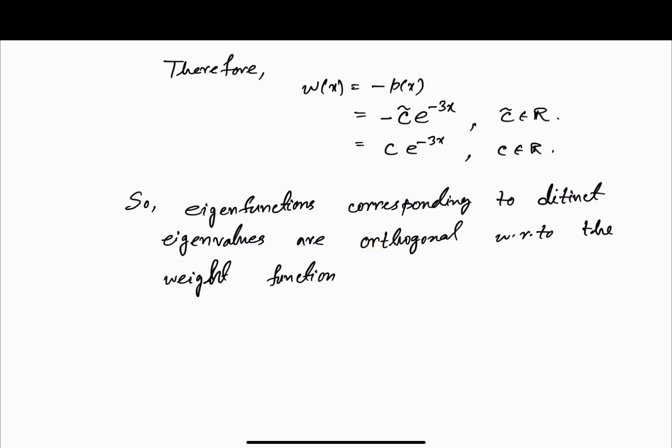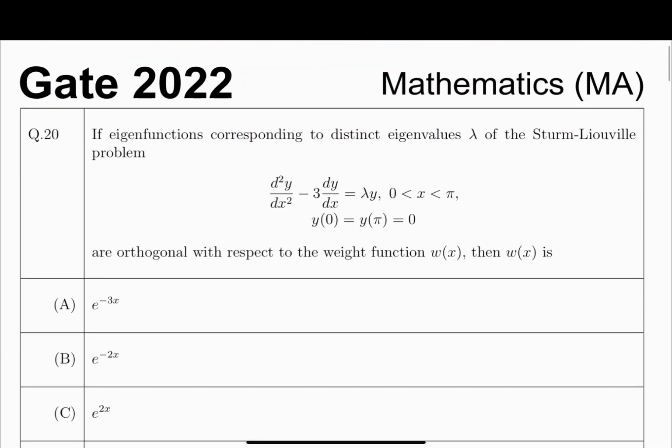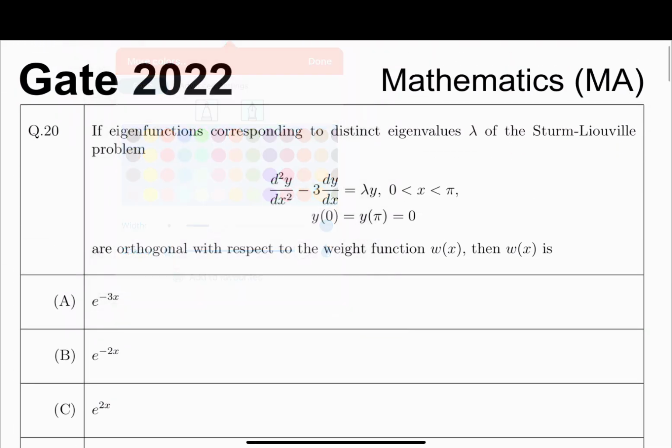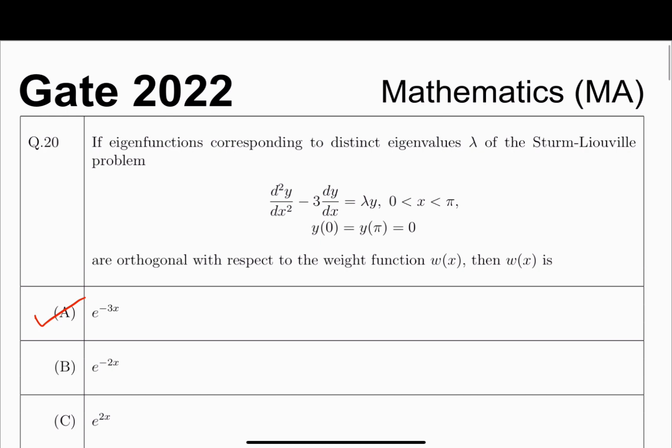Weight function w(x) equals e to the power minus 3x. So the answer is e to the power minus 3x, which means option A is correct.